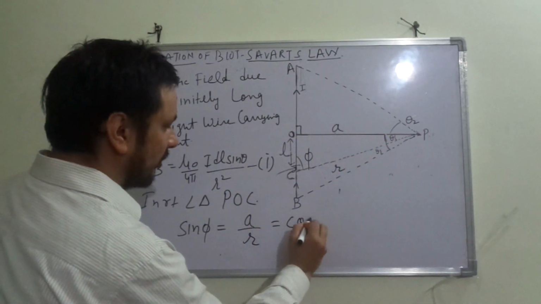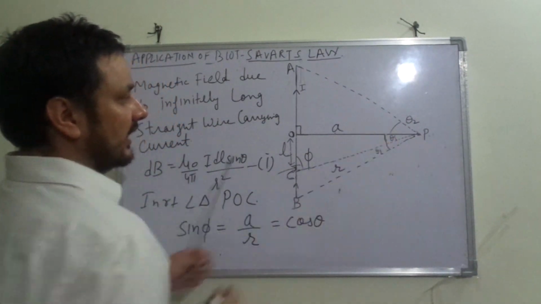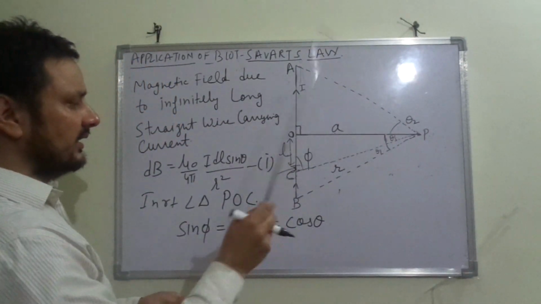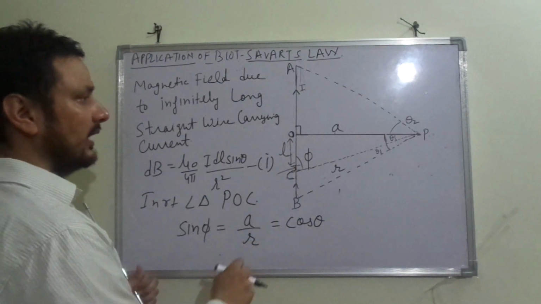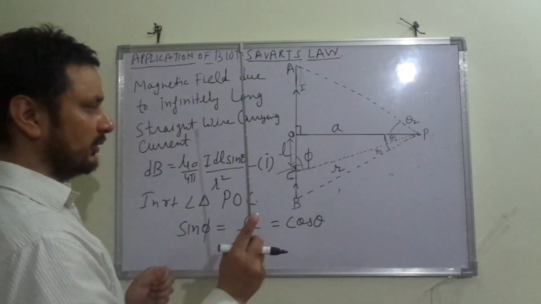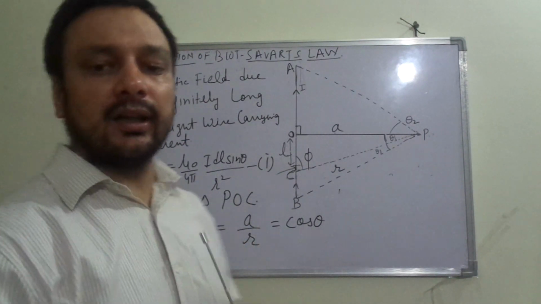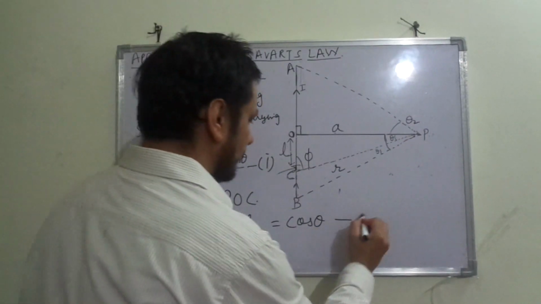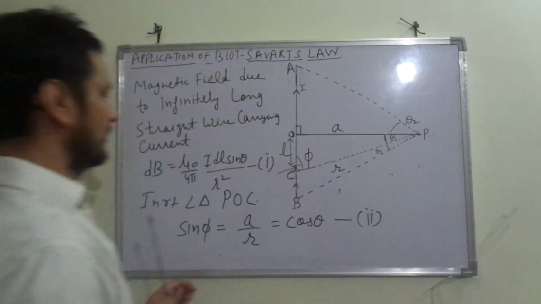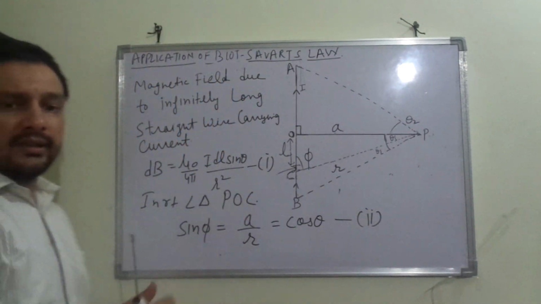It is also equal to cos theta. If you take the angle as theta, then from this side it will be base upon hypotenuse, so this will be A upon R. And if you go with sin phi, it will be A upon R. Let this be your second equation.